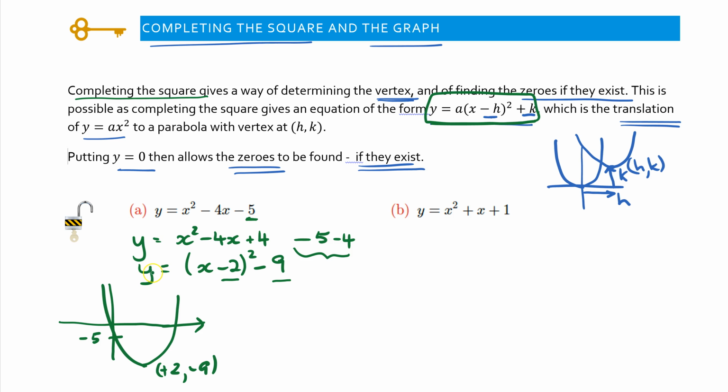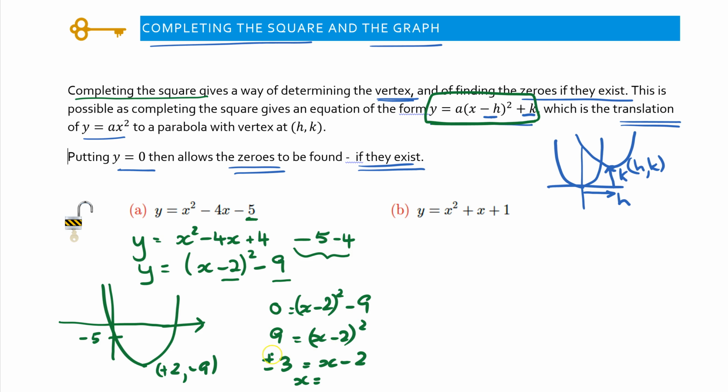Now, if I put y equals 0, that gives me 0 equals x minus 2 all squared, minus 9. If I shift that 9 across the other side, that gives me 9 equals x minus 2 all squared. If I take the square root of both sides, I get plus or minus 3 here, and x minus 2 here. So finally, I get two possible values of x.